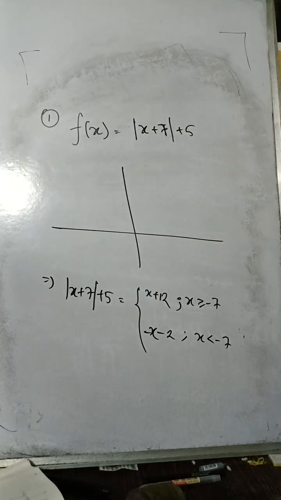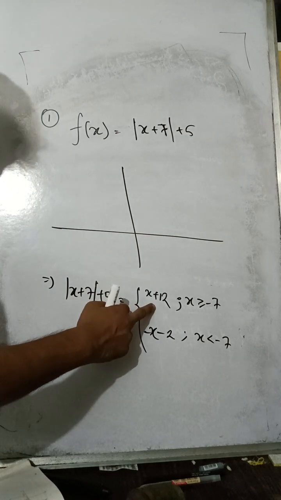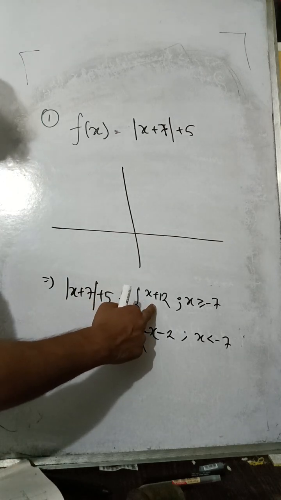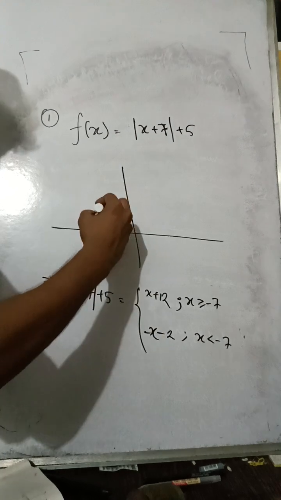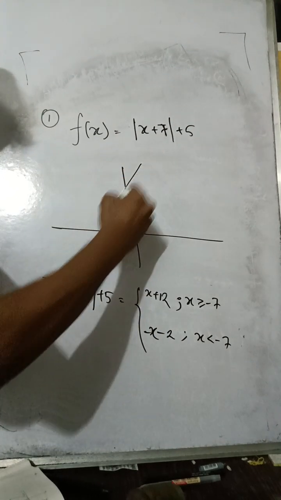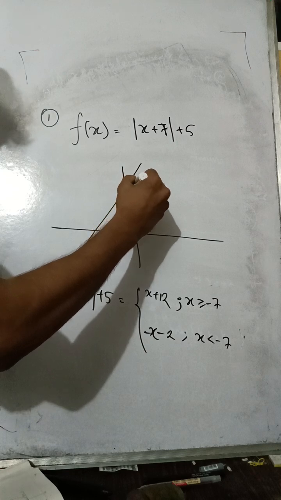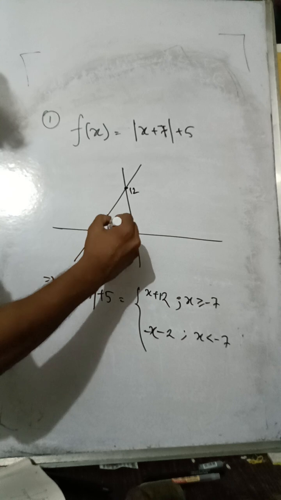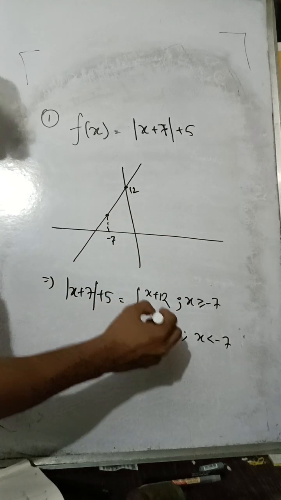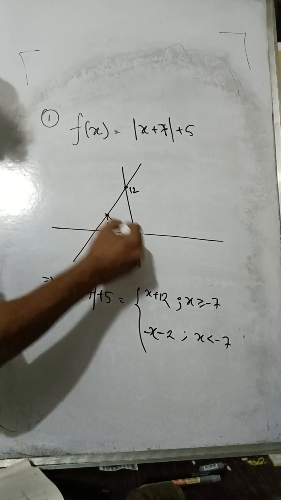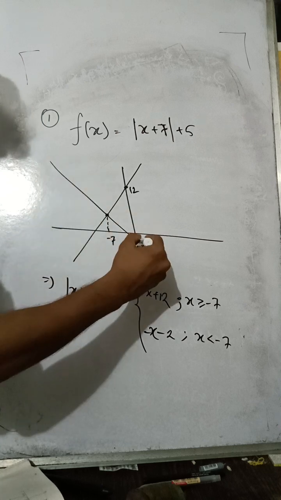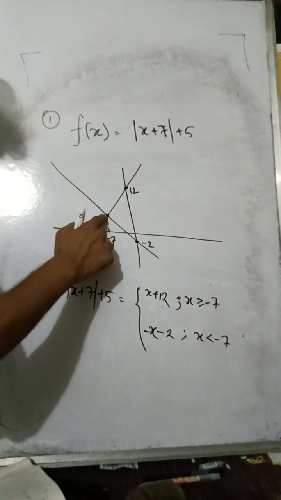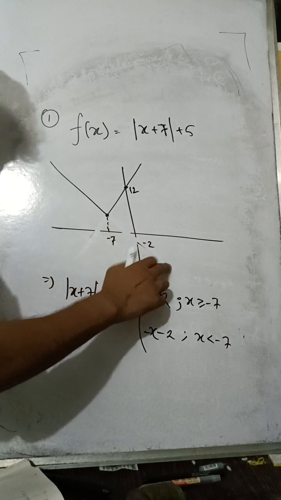This will look something like x plus 12. X plus 12 means a curve something like this probably. And suppose here we have minus 7. Another curve is minus x minus 2. This is minus 2. We'll chop off these.